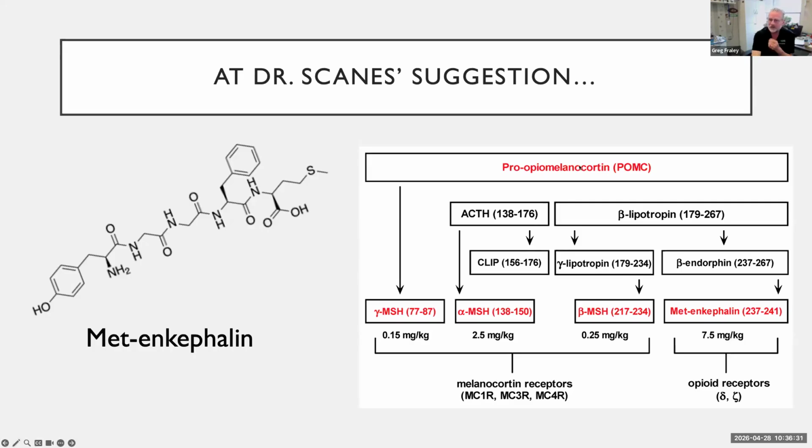It is synthesized in part by the POMC gene. Okay, so POMC is most well known by most of you in that one of its genetic transcripts is ACTH. ACTH is the anterior pituitary hormone that stimulates the adrenal glands to release cortisol.